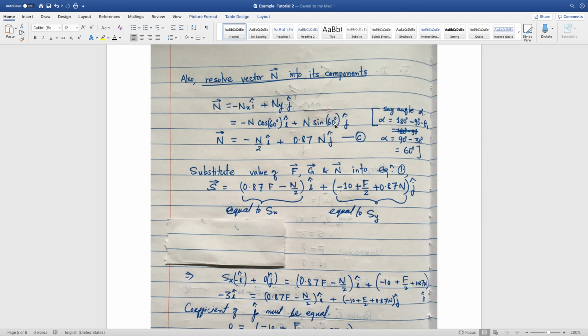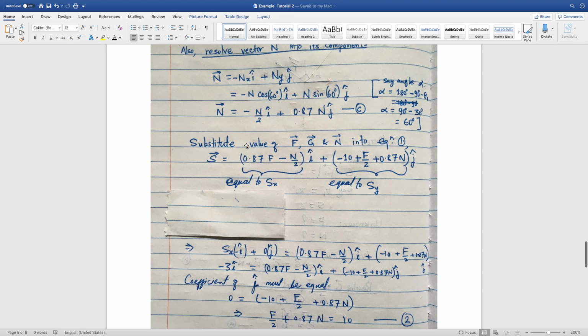In place of alpha we have 60 degrees here, and then just j hat. And then once you substitute the value of cos 60 and sine 60, you will end up with this equation. Let's label this as equation C.